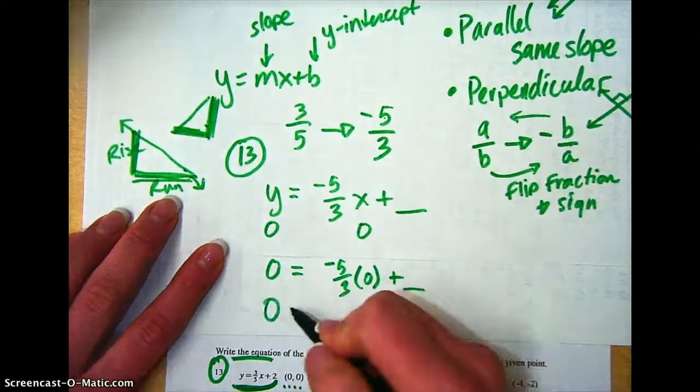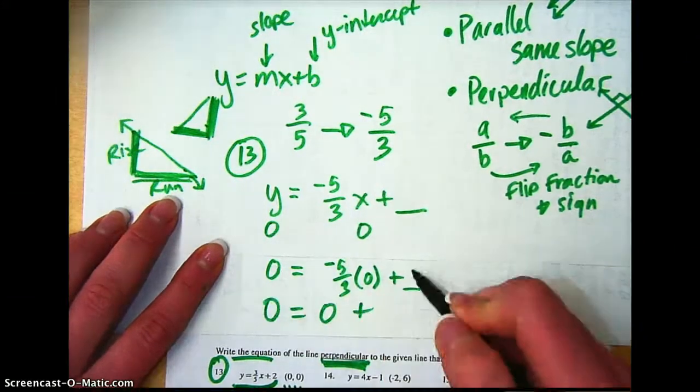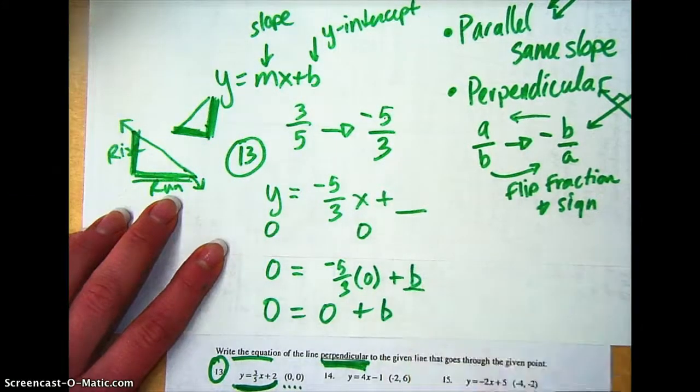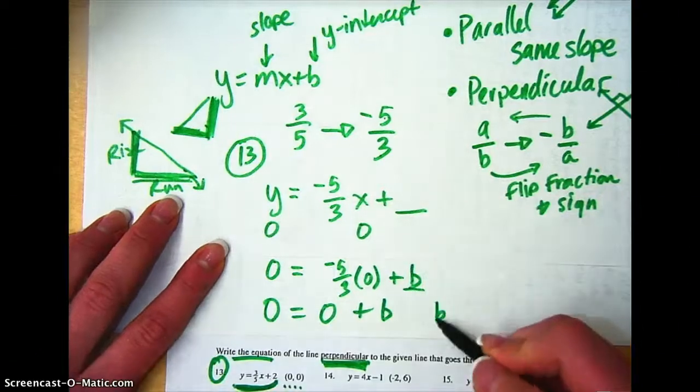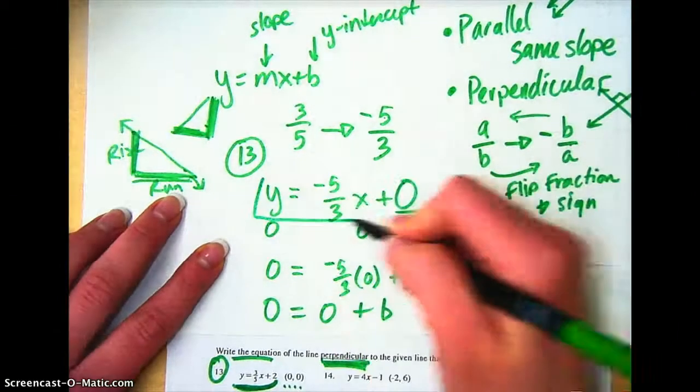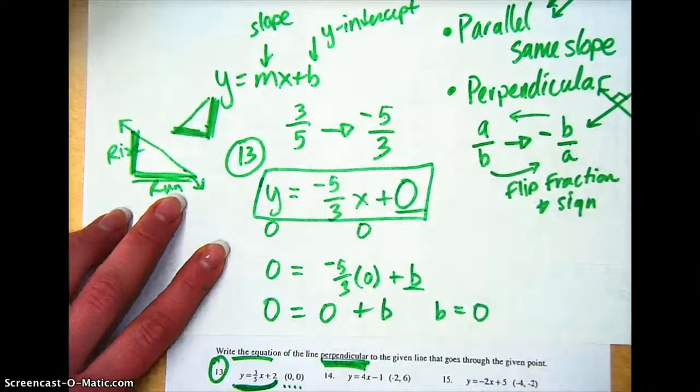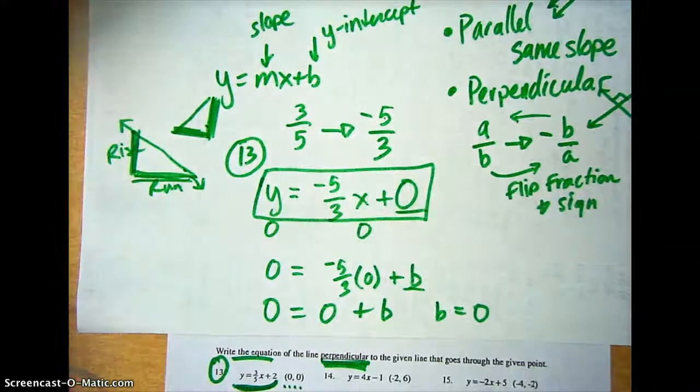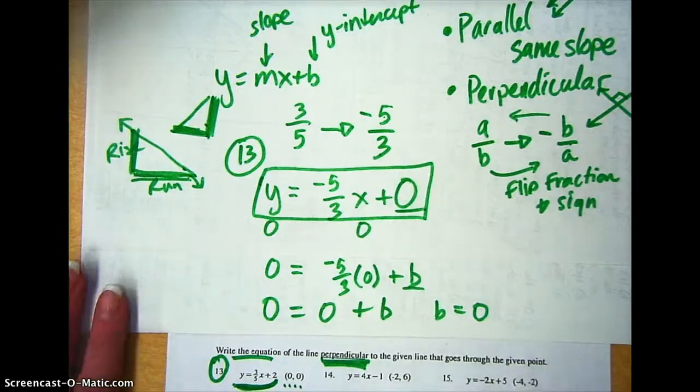It'll just be 0 equals 0 plus b, so b has to be 0. So my rule is y equals negative 5/3 x plus 0. The process is the same: find the slope, put it in the rule, use the point to find the intercept. Same process for every single problem on this worksheet.